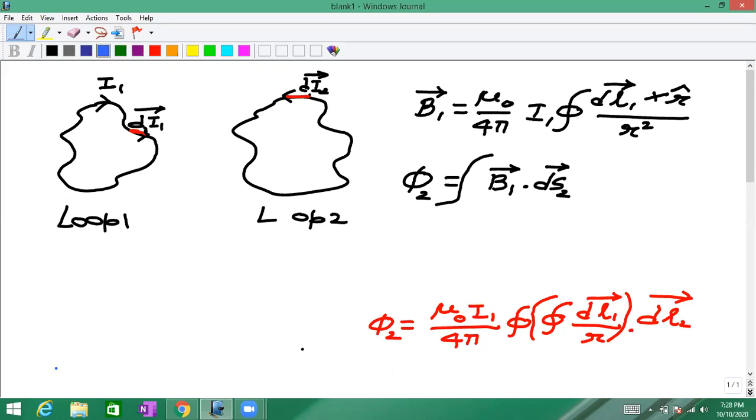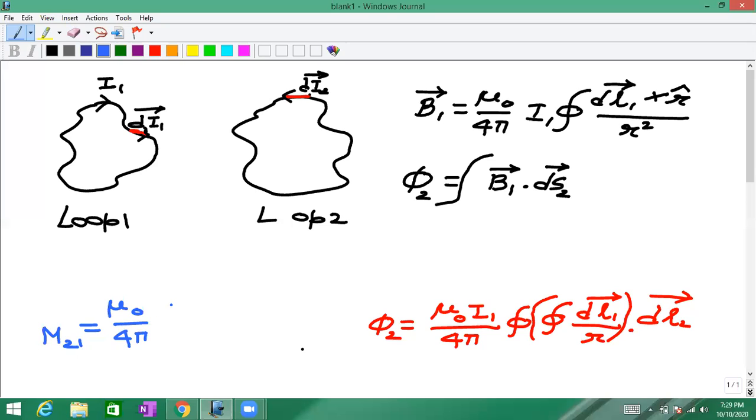The expression of m21 will be mu naught by 4 pi.